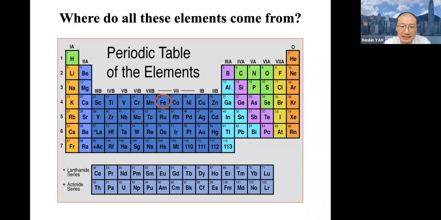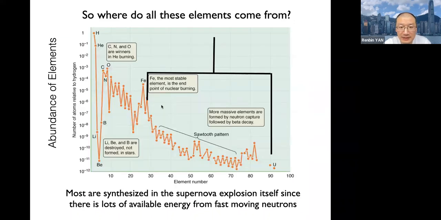You can see that iron is in the middle of the periodic table. This is the most stable element, but there are many other elements formed in supernova explosions, and even though they are less stable than iron, they can be formed in supernova explosions.